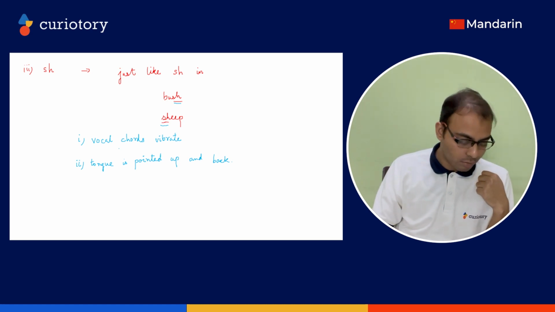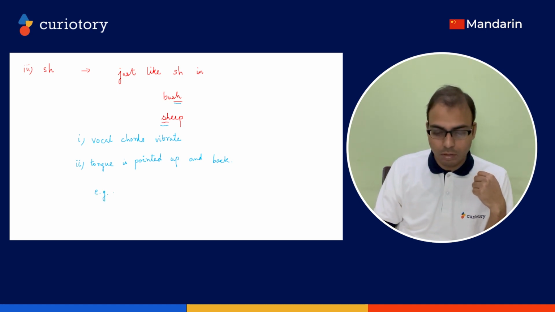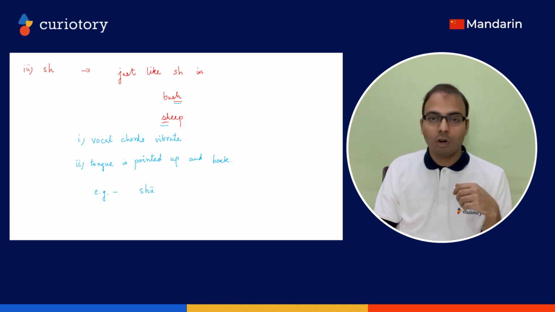Let's take an example to make it more clear. Shu. When you are saying shu, you have to ensure that your vocal cords are vibrating and your tongue is pointed up and back.